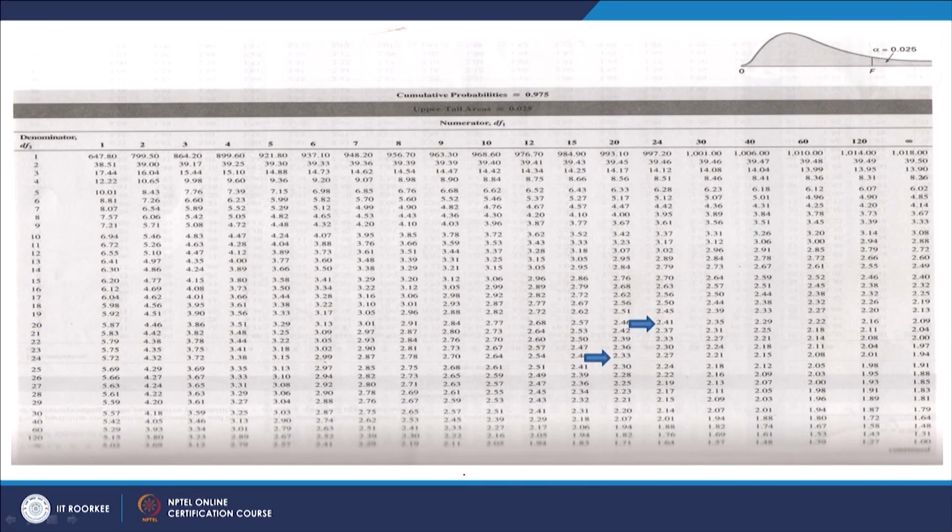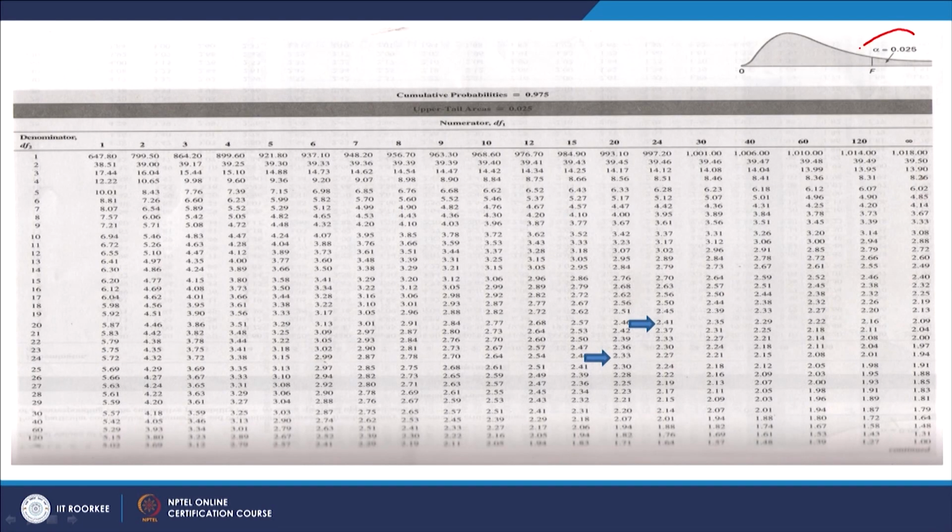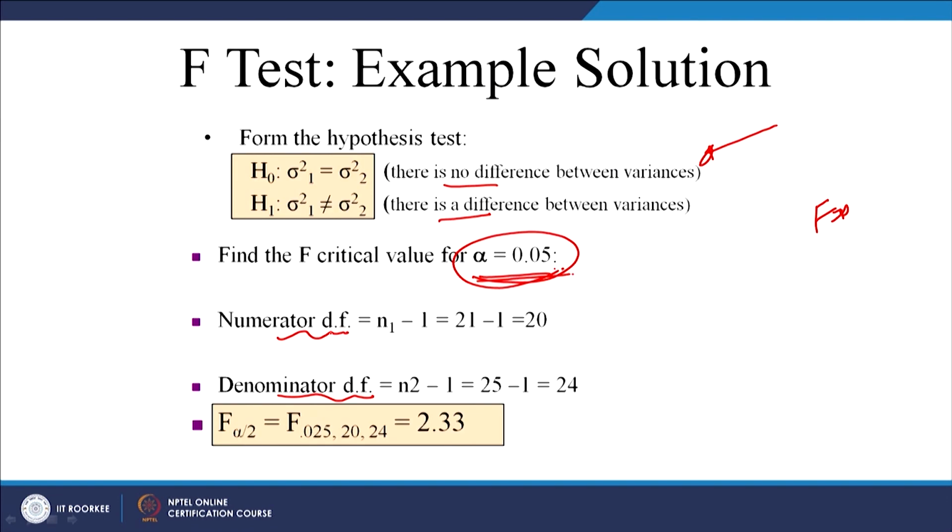So, let us look at the table value. This is the table, and your alpha is 0.05. Now, how to look up the F value in the table, right. First of all, you have the numerator degrees of freedom, which is for sample 1, right.